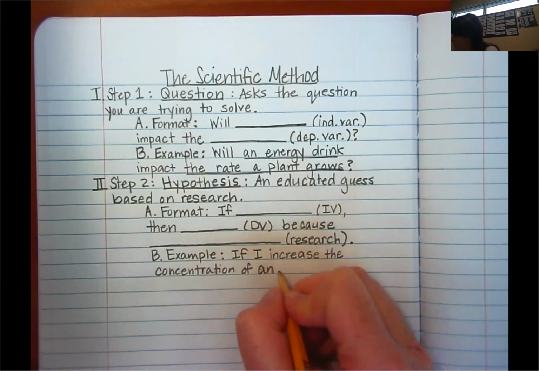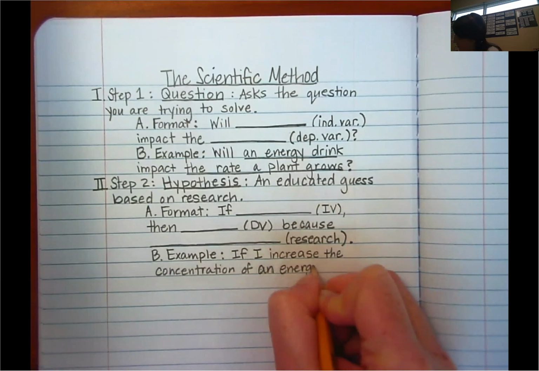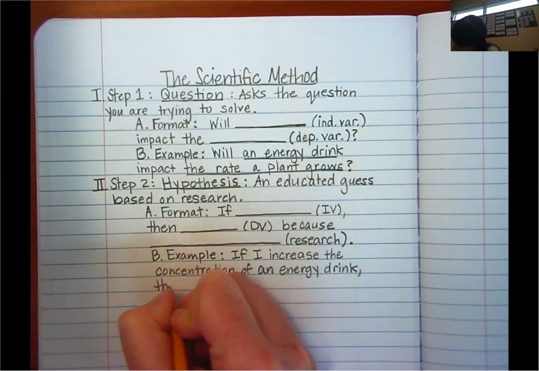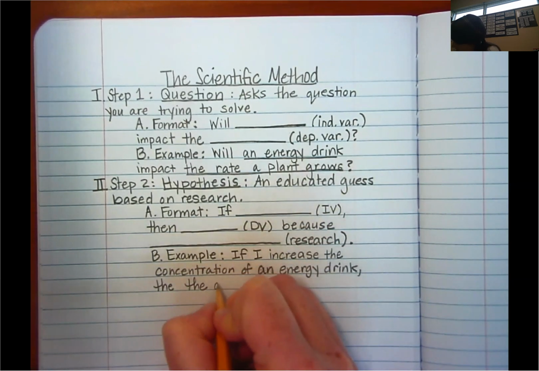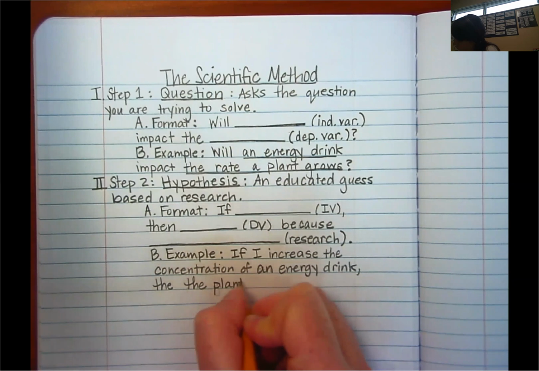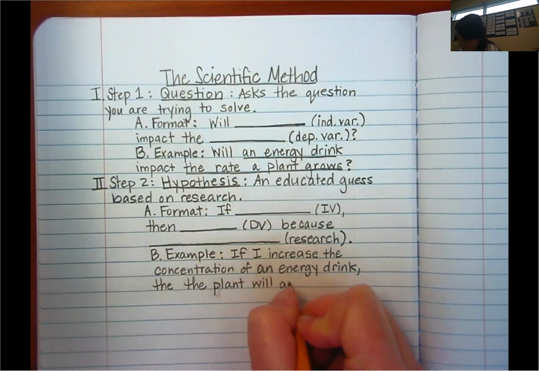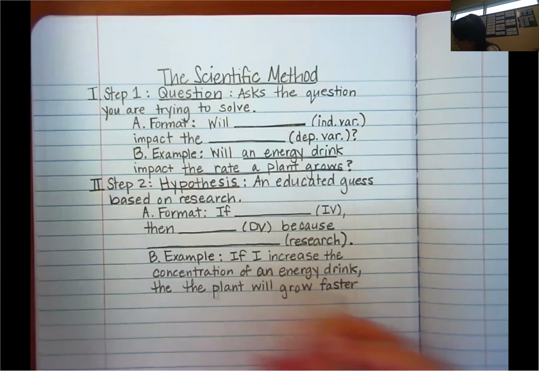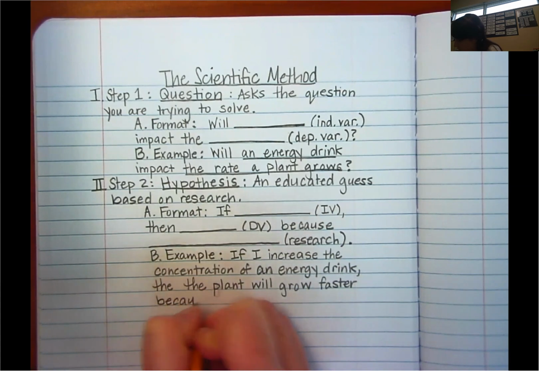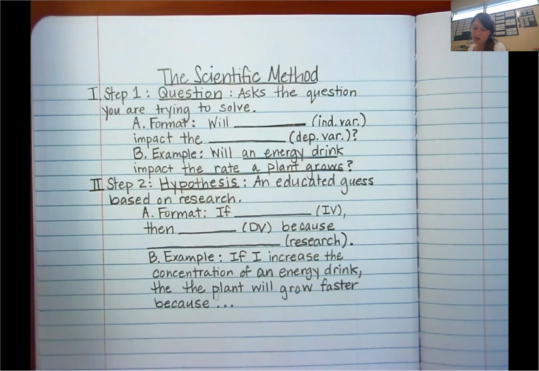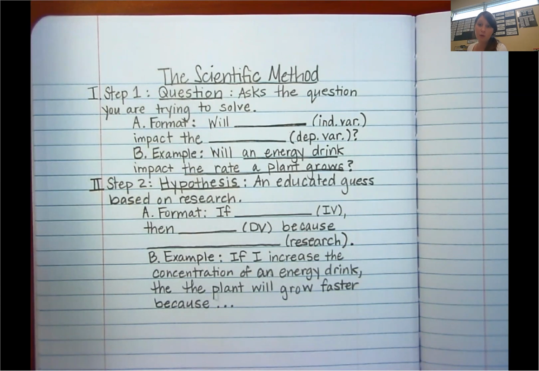If I increase the concentration of energy drink, then the plant will grow faster because, and I'm not going to write the research, but let's say our guess is something to do with a special growth enhancing chemical that's in energy drinks that we want to see if it works for plants.